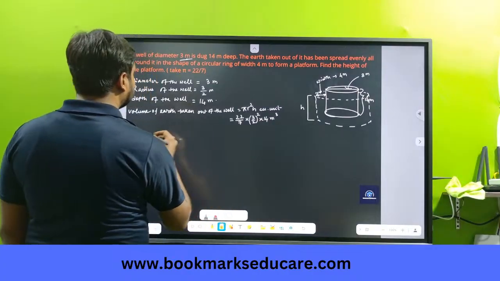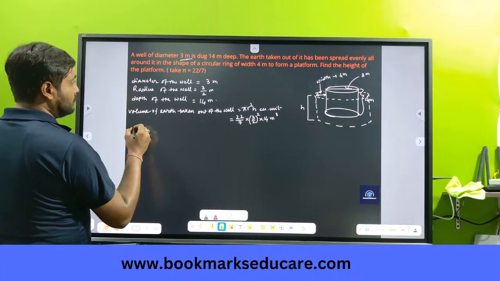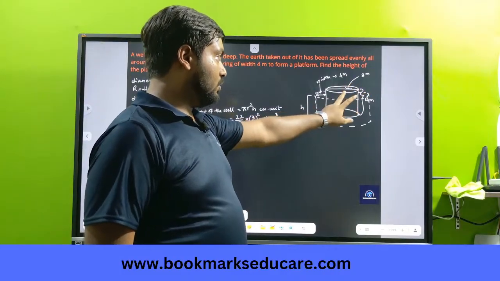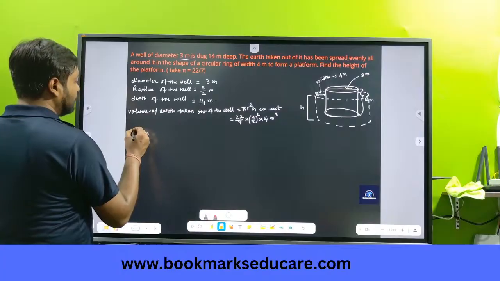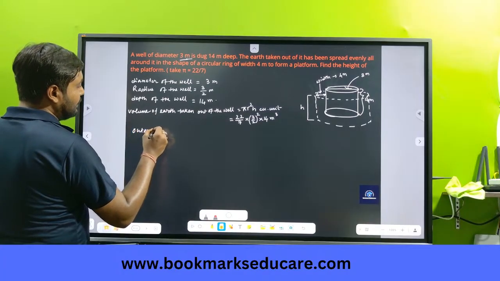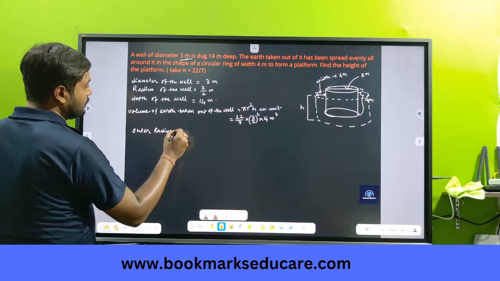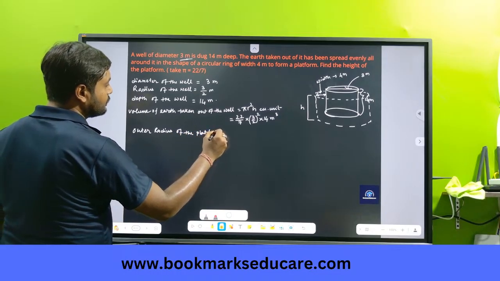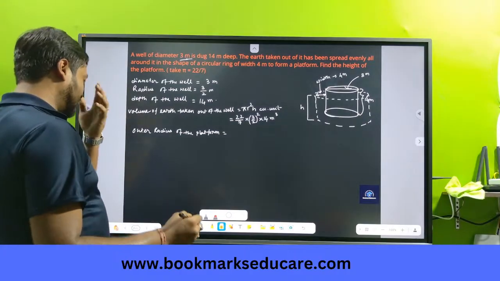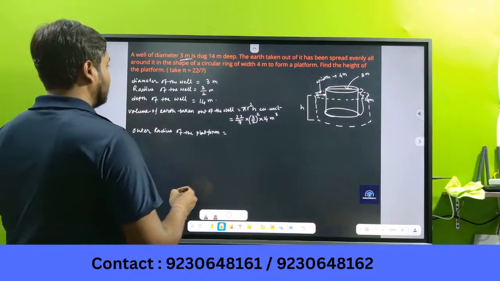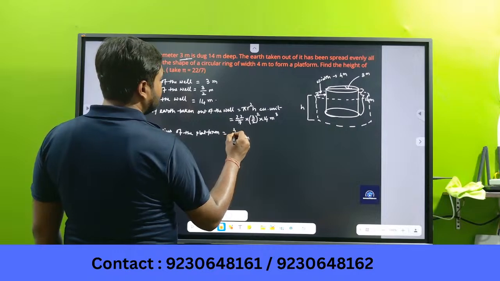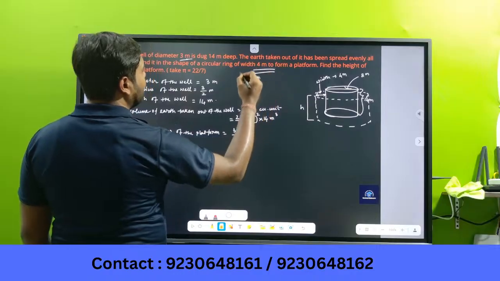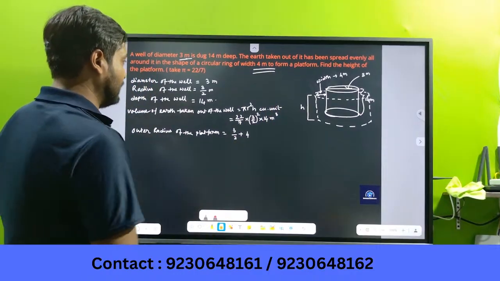The inner radius is nothing but the radius of the well, but the outer radius of the platform is 3 by 2 plus 4, because the width of the platform is 4 meter.